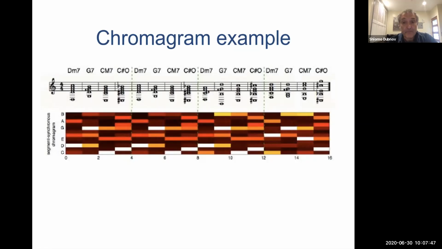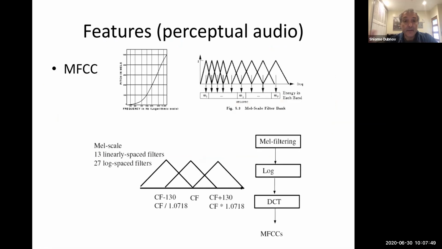And I'll move to the next representation, which is called Mel-frequency cepstral coefficients, MFCC. We won't go too much into the mathematics of what a cepstral coefficient is, but I want you to be aware of the Mel scale. We mentioned that the frequencies that we hear, or the pitches that we hear, are not spaced linearly.